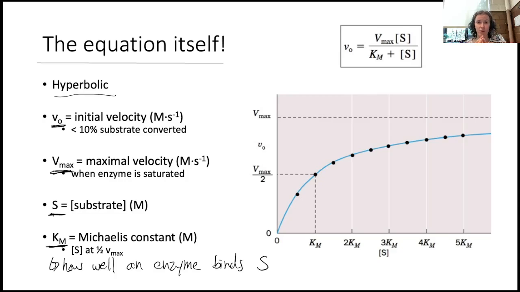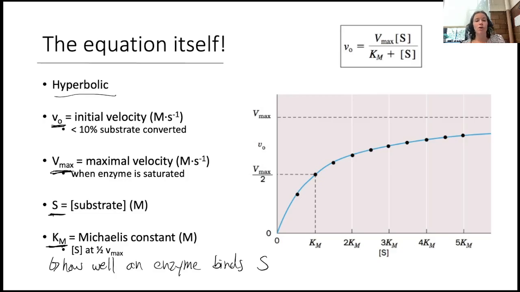This is very similar to the hemoglobin and myoglobin K value, which was how well the hemoglobin, for example, binds oxygen, and its definition was the partial pressure of oxygen at 1/2 saturation of hemoglobin. Well, here we have Km, which is the concentration of substrate at 1/2 maximum velocity.